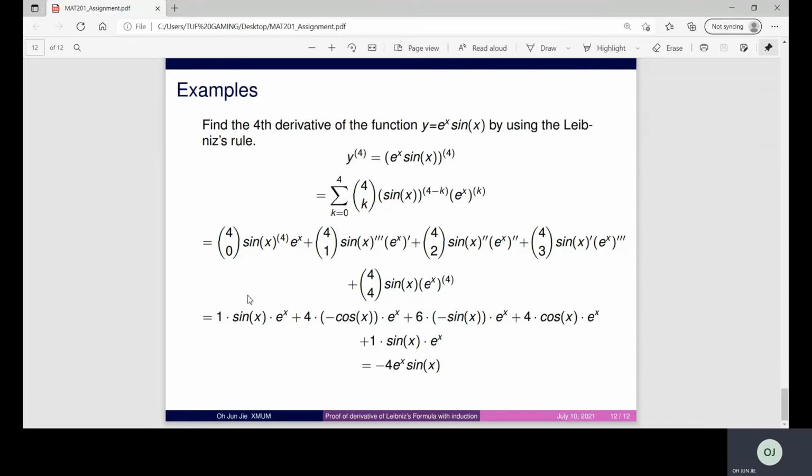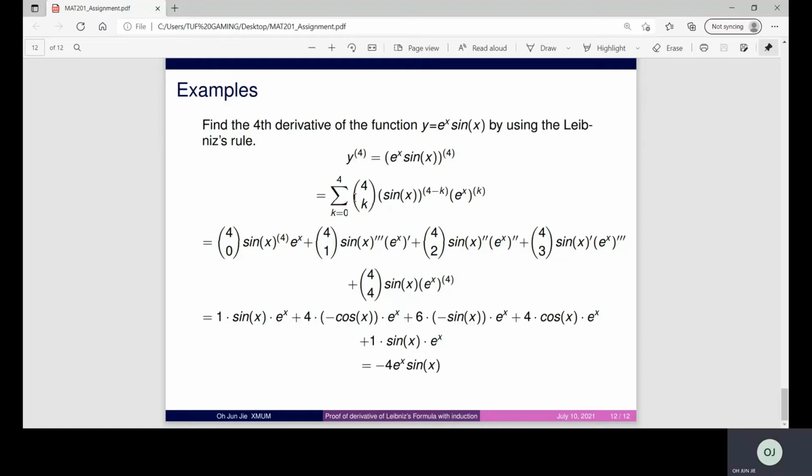So consider the sum from k equals 0 to 4. k is equal to 0, 1, 2, 3 until 4. So we can plug in these numbers to sum up.